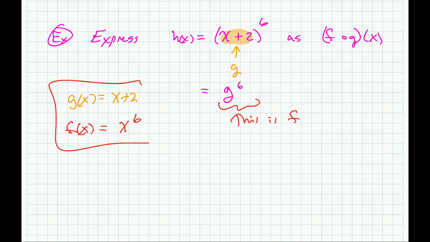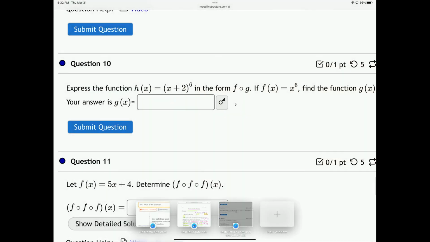And that's the whole thing. Basically, if you took the x plus 2 and you put it in for x, you would get this, right? That's all they're asking. So the inside function's g, and whatever you don't make g, in this case the 6th power, that's f. So it's actually surprisingly simple.